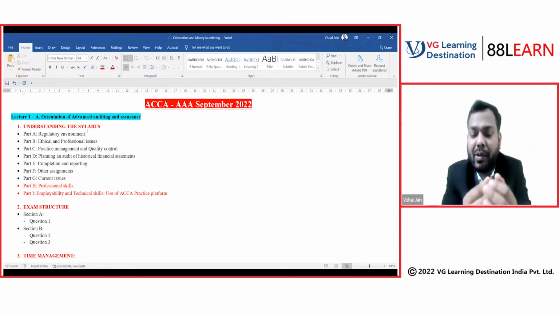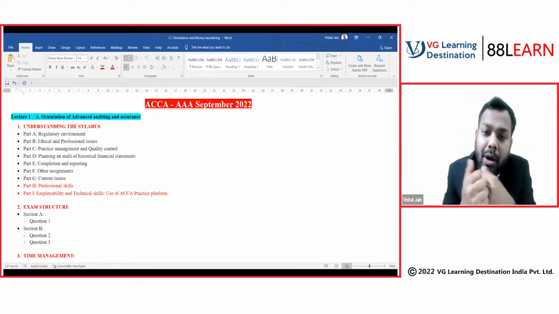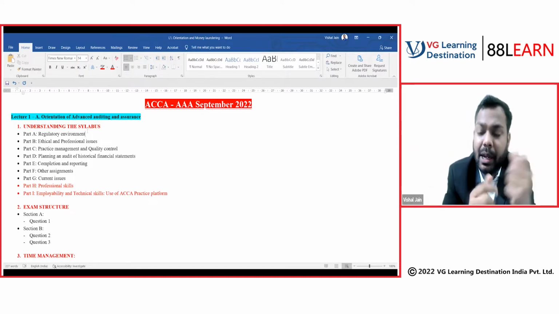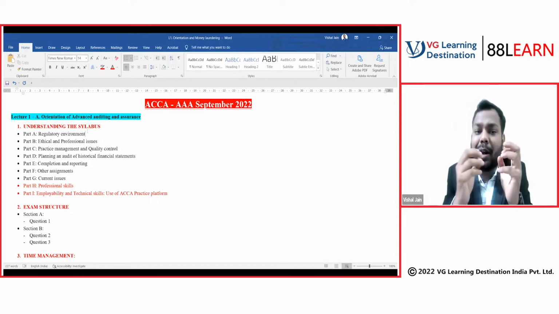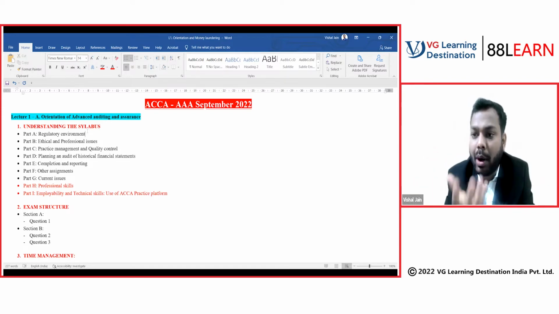It might be the professional liability of the auditor. It might be the auditor's responsibilities in case of laws and regulations. It might be the auditor's responsibilities in relation to fraud happening in the company. It might be money laundering transactions. Basically, we need to understand the regulatory environment in which the auditor works, not the entity, the auditor.